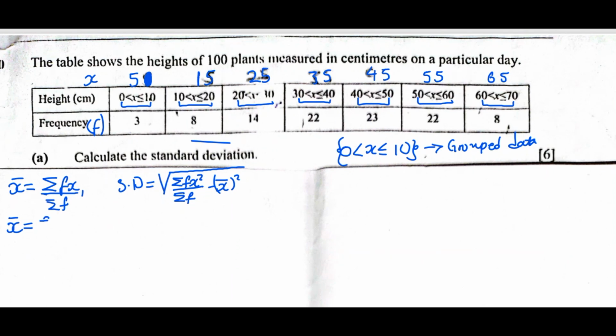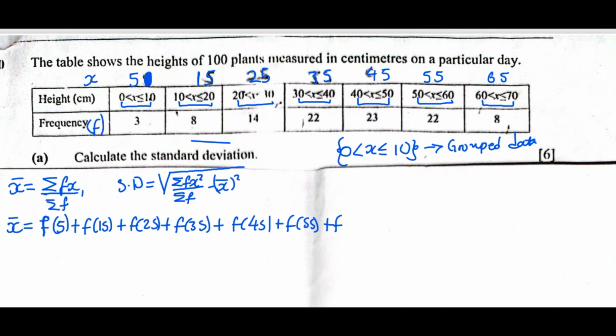We'll first begin by writing our f: f times the first midpoint 5, plus f times 15, plus f times 25, plus f times 35, plus f times 45, plus f times 55, plus f times 65, over the total frequency.